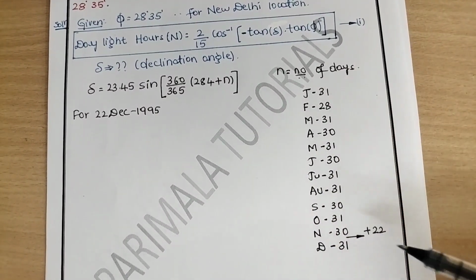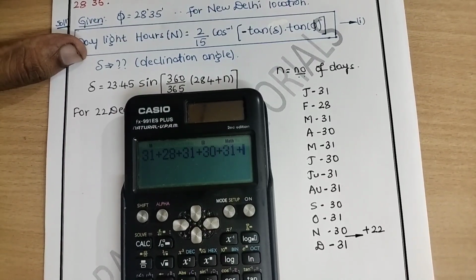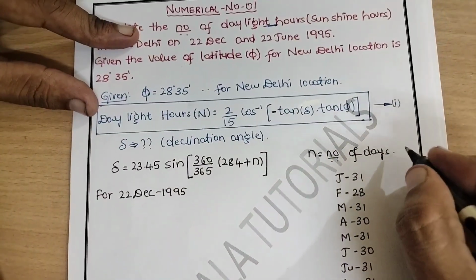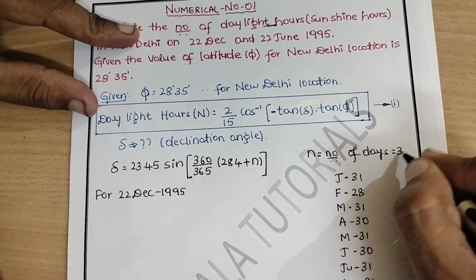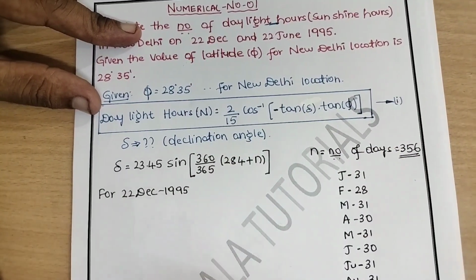All the values plus 22. So it is 356 days. So the number of days, n is equal to 356 days. This is what we are supposed to substitute in this equation.